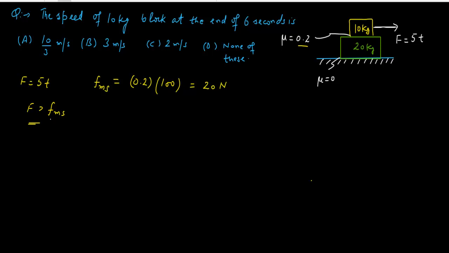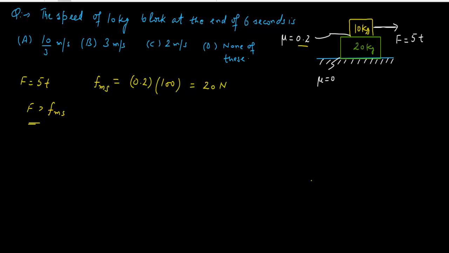But we have to check whether this force of maximum static friction comes into play between the two blocks, because as per the definition, friction comes into play whenever there is a relative motion between the two surfaces. Now the degree of this relative motion between the 10 kilogram and the 20 kilogram block will decide the nature of friction between the two blocks.